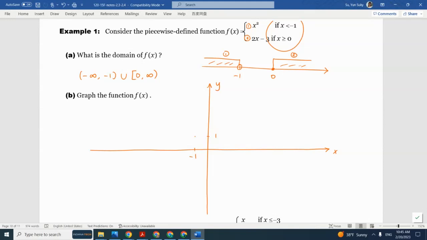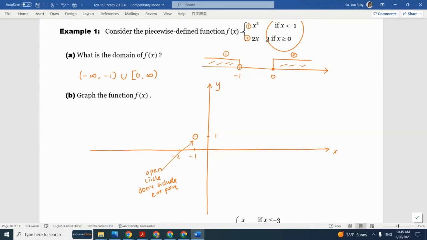But because this is x less than, which means we do not include the endpoint, you put an open circle there. So put an open circle, because we don't include the endpoint here. Then how about -2?